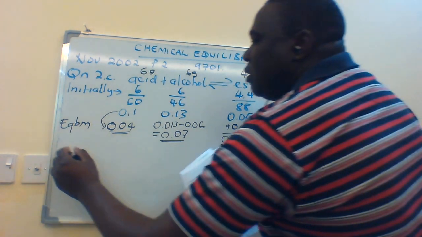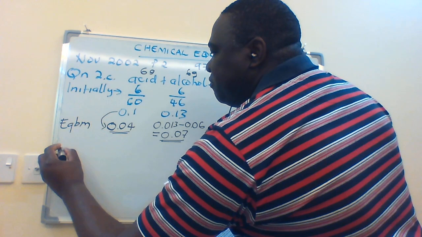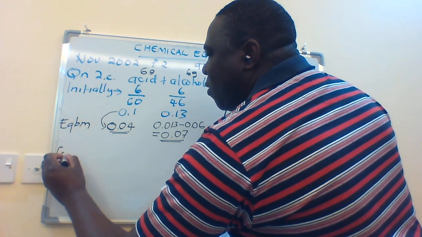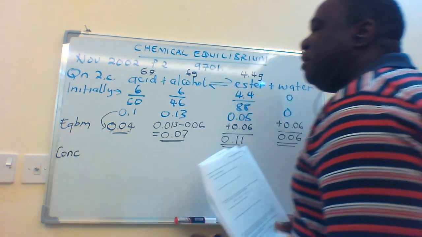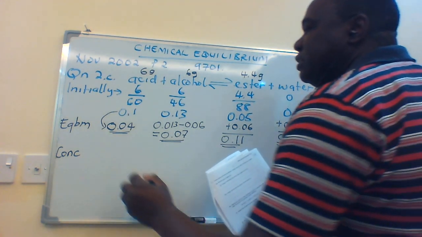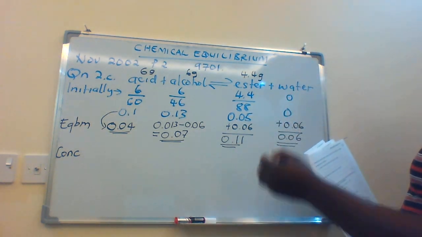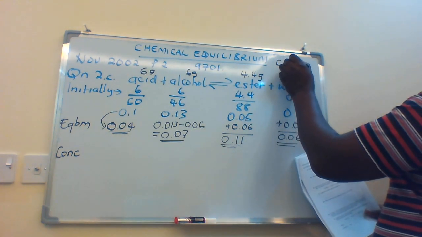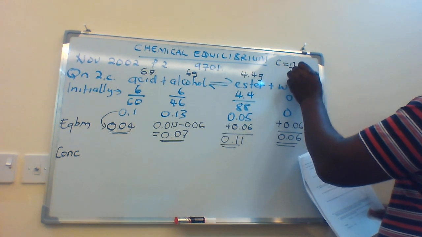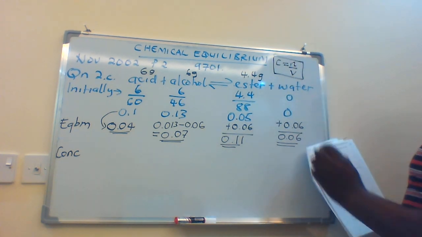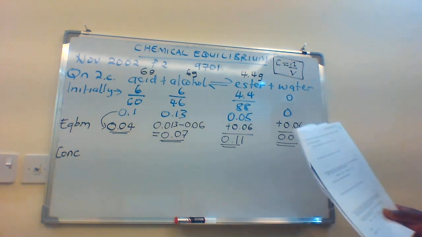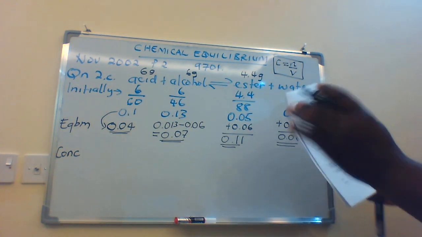The final phase before we calculate is now concentration at equilibrium. The formula for concentration is number of moles over volume. This reaction vessel, we can call it V, its volume.